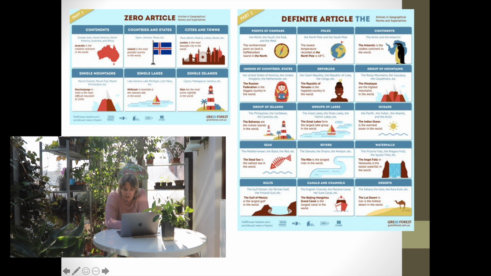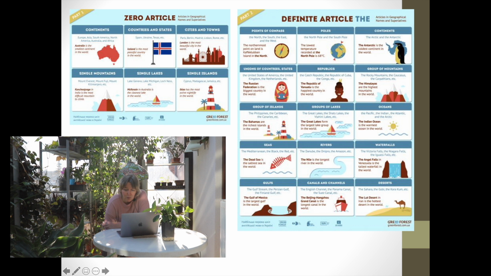What else? Oceans have the article, seas, rivers, so the Severn, the Thames, the Great Ouse, or whatever other rivers. The Avon, of course, one of those many rivers called Avon.